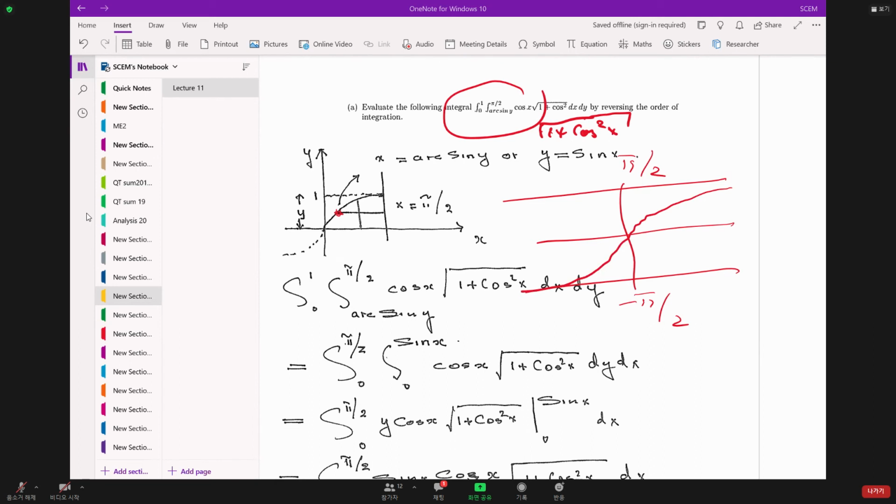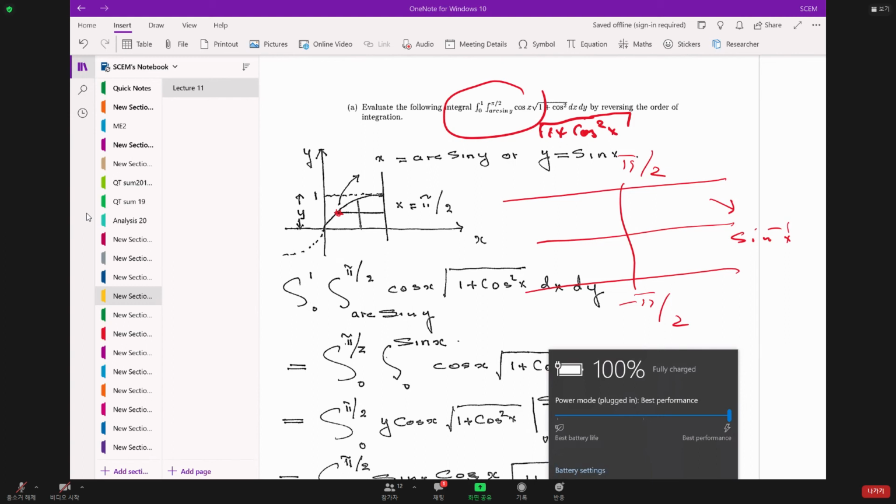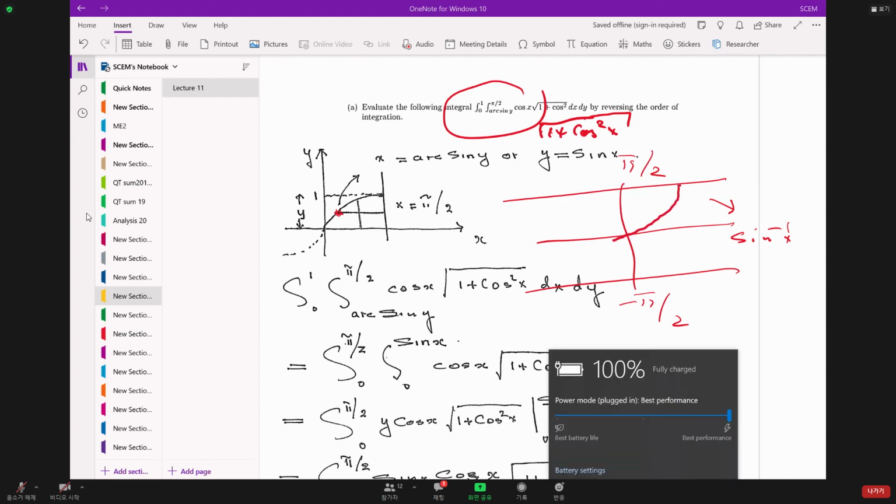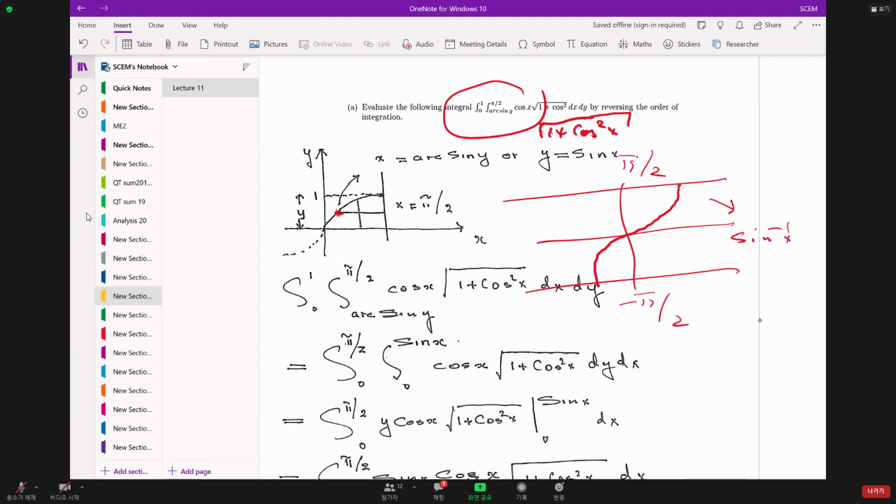I'm sorry, that is tan. I drew tan out. Sine goes like this. At pi by 2 it is 1. This is sine.